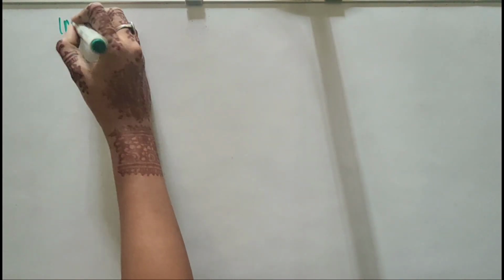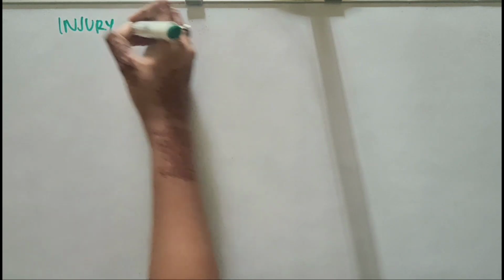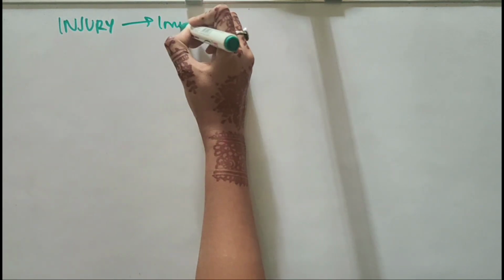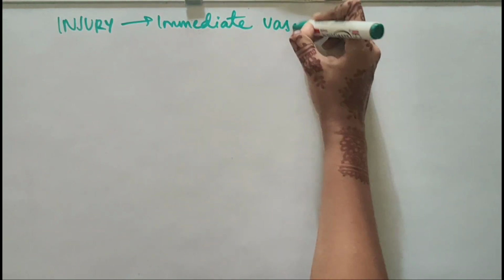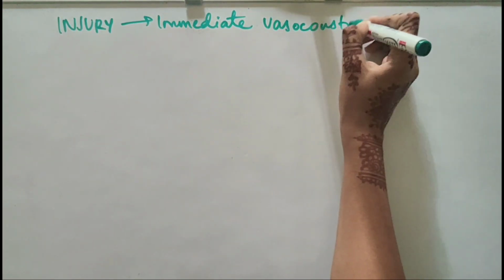So a very easy flow chart of vascular events of acute inflammation, if I draw it out here, it can be starting with injury. We had immediate vasoconstriction in seconds.